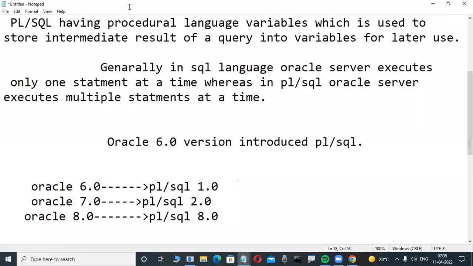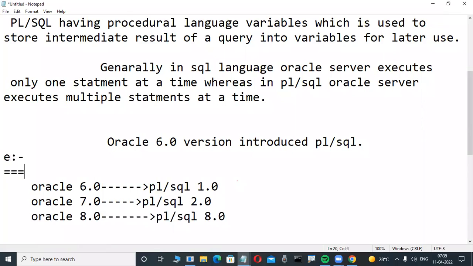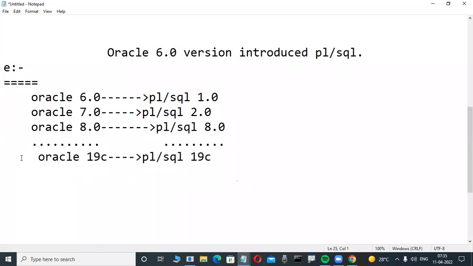Now write example versions at least. It's not required to remember versions, it's just an idea. Nowadays, whatever the Oracle version is, the PL/SQL version is also the same. When Oracle loads, PL/SQL is also there internally. Write this one.